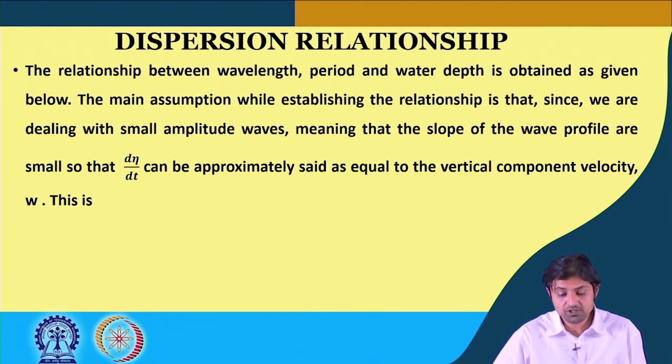The main assumption while establishing the relationship is that since we are dealing with small amplitude waves, meaning that the slopes of the wave profile are so small, d eta by dt can be approximately said equal to the vertical component of the velocity w, all right.